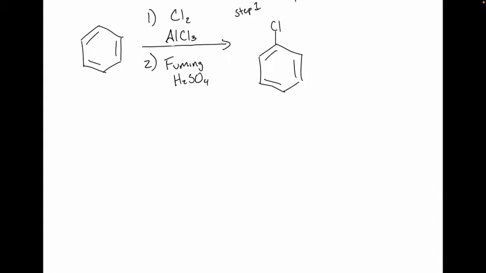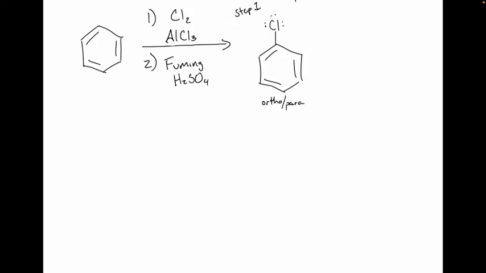And then I have to ask myself, is this an ortho-para or a meta-director? So in this case, how many lone pairs are on this chlorine? 3. So I have these lone pairs located right next door to the ring. So this is going to be an ortho-para directing group.